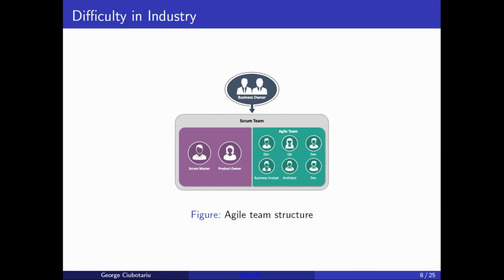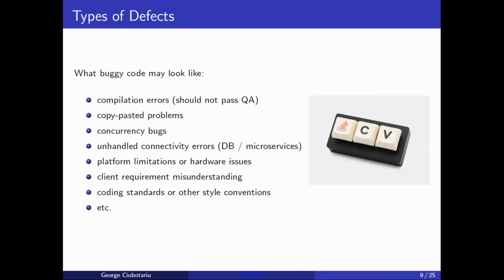So there may be features introduced in the project without actually needing them. This leads us to the classification of defects, or a few of them. And here we have some usual causes of defects and how they may manifest in our code.